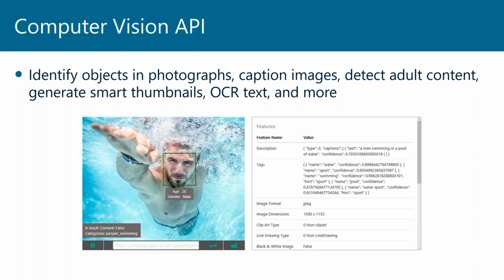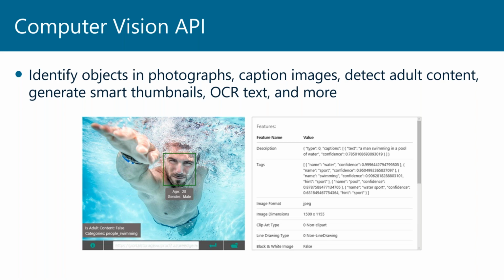For example, if you submit to this API a photo that has text in it, maybe it's a picture you snapped of a road sign, it can extract the text from it. It can do other things. It can grade a photo for inappropriate content. It can generate what we call smart thumbnails, basically taking an image, resizing it to the dimensions that you specify, but using AI to identify the focus or the subject of that image and doing the cropping so that it retains whatever is the subject.